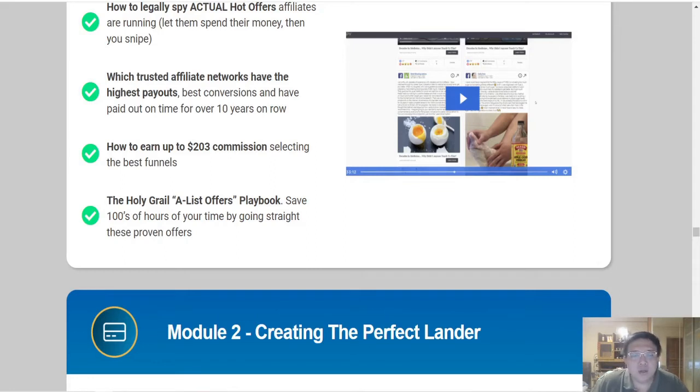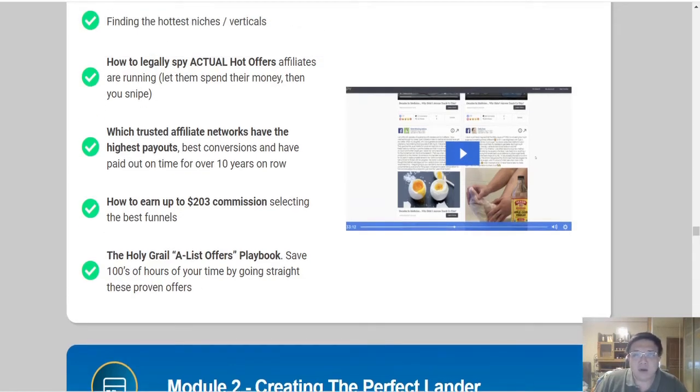So you need to understand, whenever you want to promote an affiliate program, it has to be something that is already top converting. It is easier for you to convince somebody to buy something whereby they already know of the existence of the program, rather than to promote something to a person who has not even heard about this program. Am I right? So that is what is being covered in module number 1.